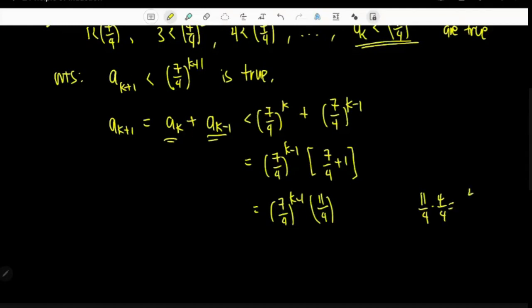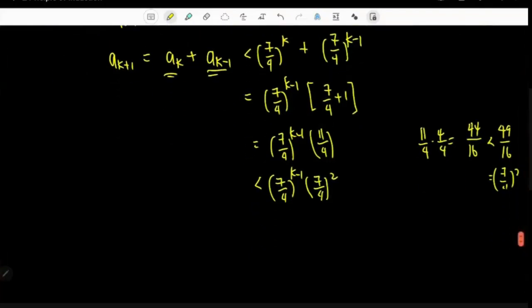So that's the same as 44 over 16. Now, 44 over 16 is less than 49 over 16, which is 7 over 4 squared, right? So 11 over 4 is less than 7 over 4 squared. So that means this expression is less than 7 over 4 to the k minus 1. Let's replace 11 over 4 by 7 over 4 squared. So that's definitely less than.